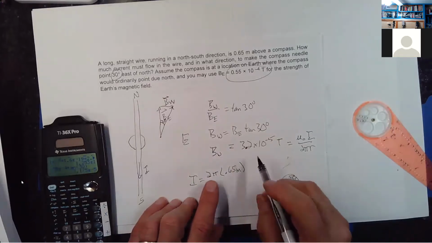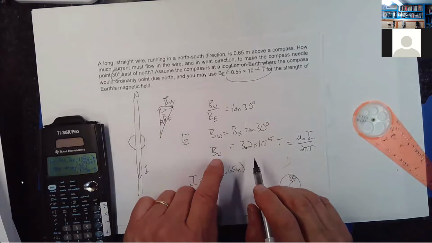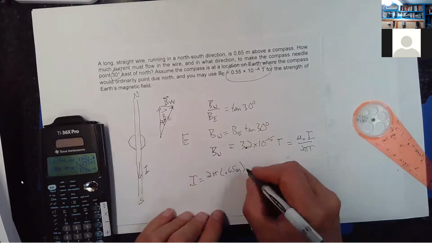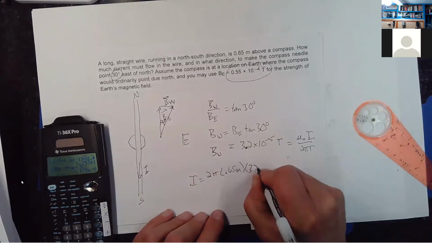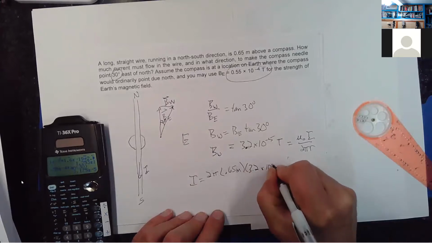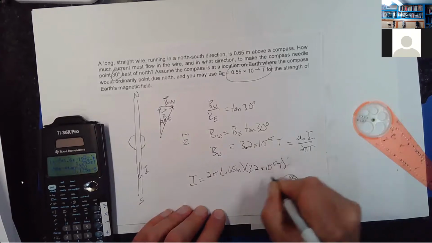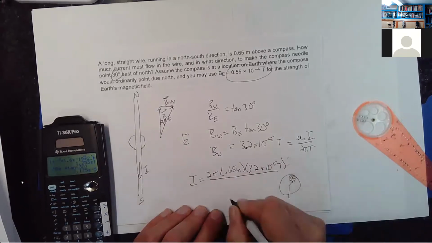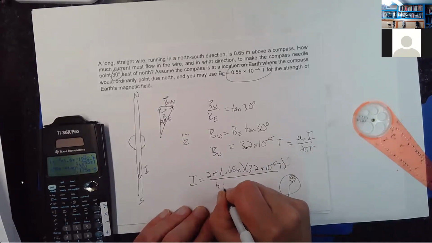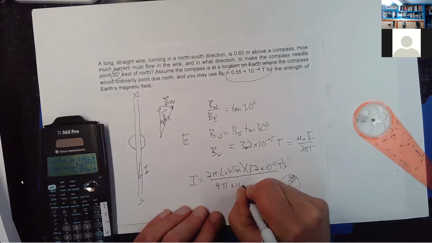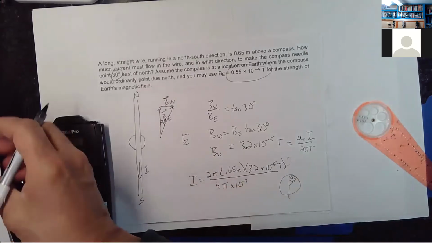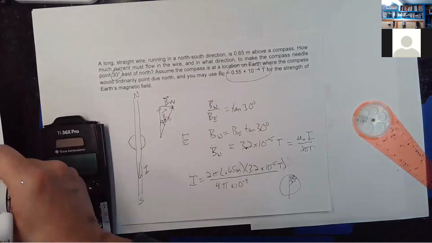Times B, the 3.2 times 10 to the minus 5th Tesla. And then on the bottom, I'll have mu naught, which is 4 pi times 10 to the minus 7th units, which I can never remember.